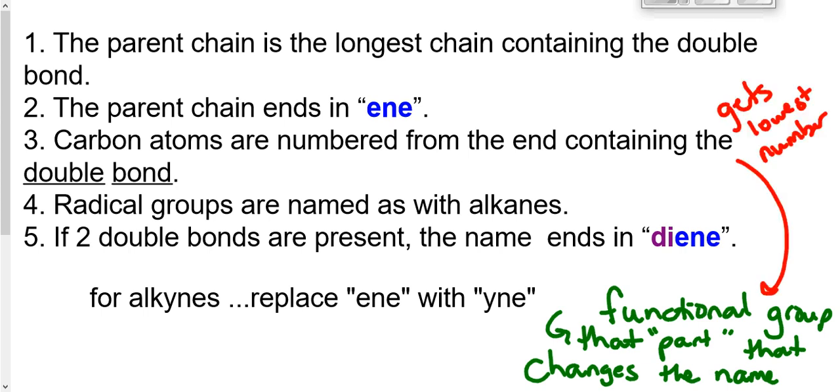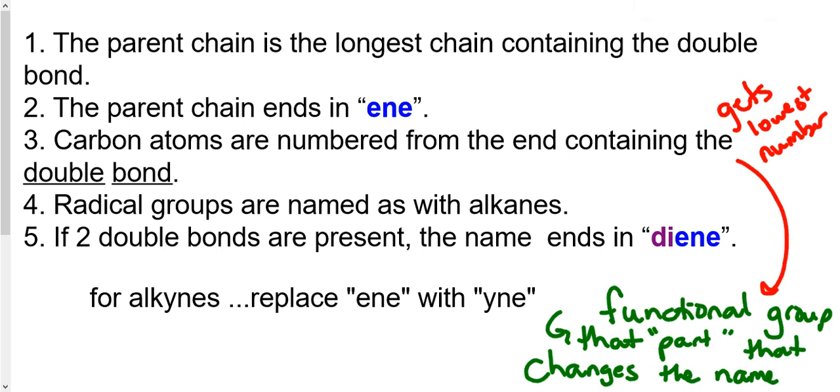When we had alkanes, the only thing we had available to get the lowest numbering was the branches. Well, now some of our branches might have very high numbers because the functional group gets the lowest numbering. If I have two double bonds, I'd call that a diene. If I had three of them, I'd have a triene, etc. And if it was an alkyne, diynes and triynes.